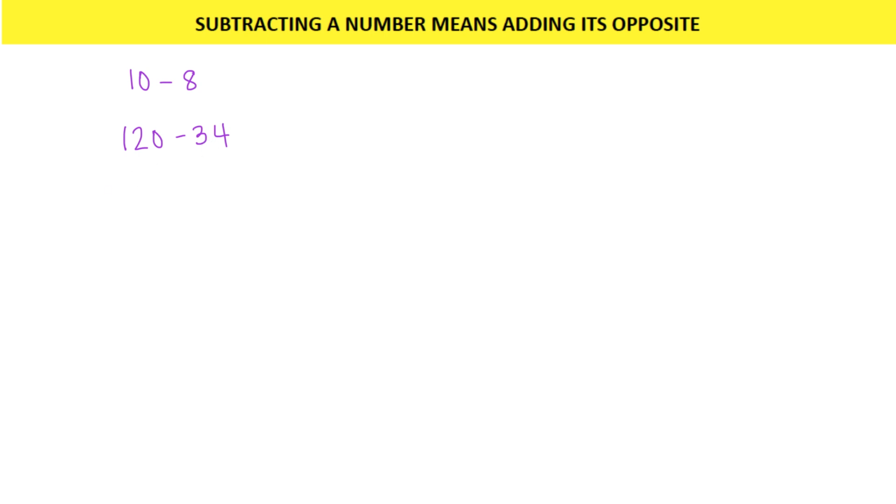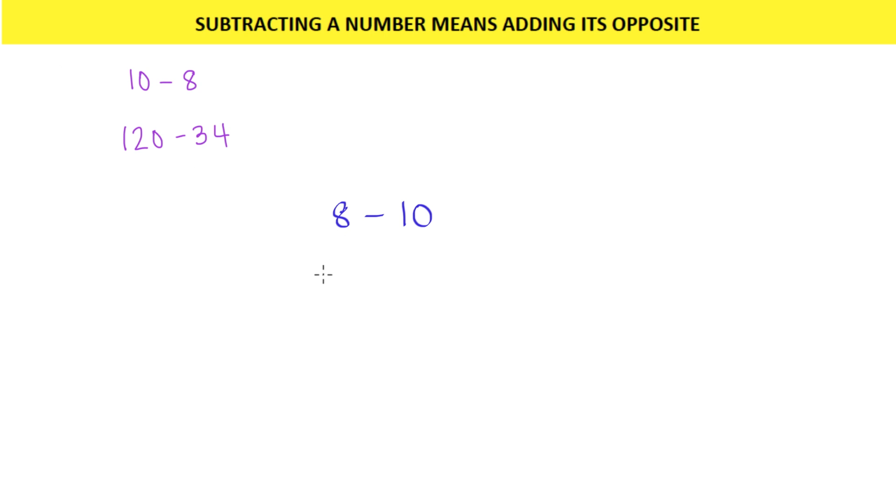So we know how to do subtraction when the first number is greater than the second number and both the numbers are positive. But what about these kind of problems? 8 minus 10. Here the second number is greater than the first number.